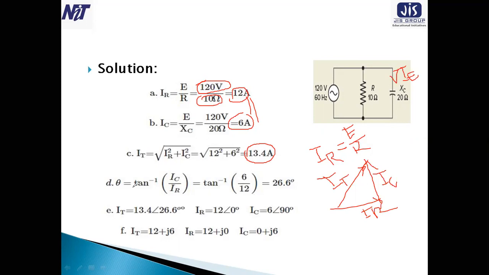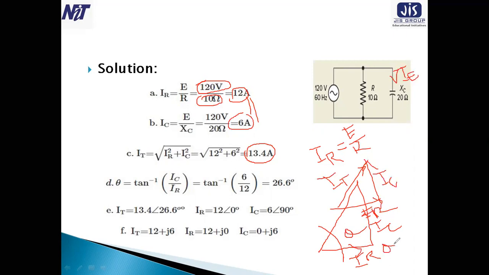Now theta is tan inverse IC by IR. That part is also done in the previous slide. So theta equals tan inverse IC by IR. Which one is IR? Look, this is IR, this is IC. If it is theta, this is the base, this is the length.